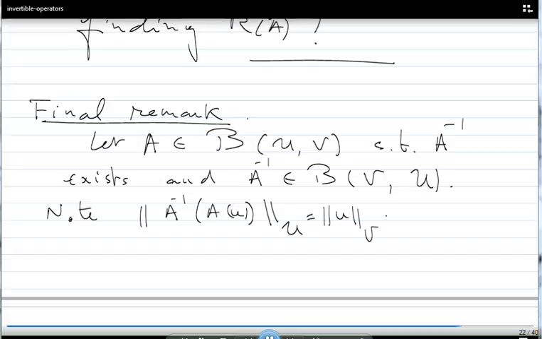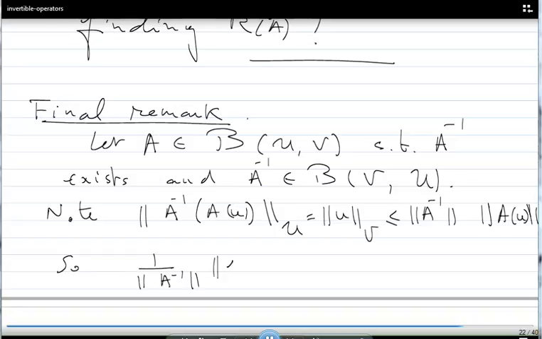And this is less than the norm of A inverse, because we said it's bounded, times the norm of Au, but this one now is in V. So 1 over the norm of A inverse times the norm of u in U is going to be less than the norm of Au in V for any u in U.